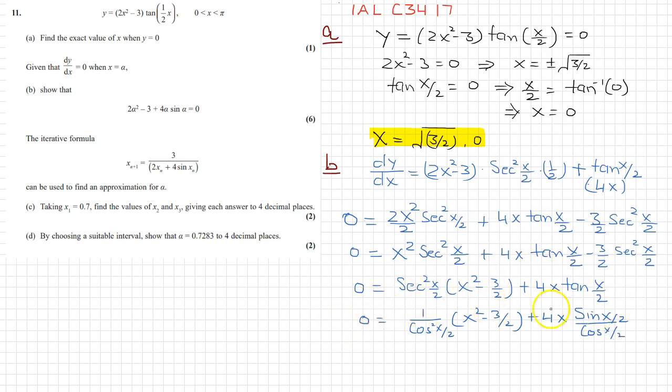Multiply all sides by cos²(x/2). So 0 will be x² − 3/2 plus 4x cos(x/2) sin(x/2).